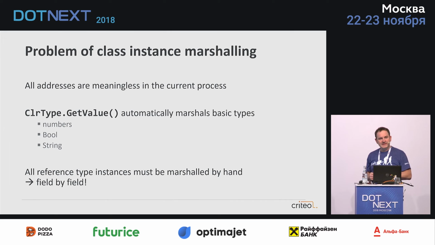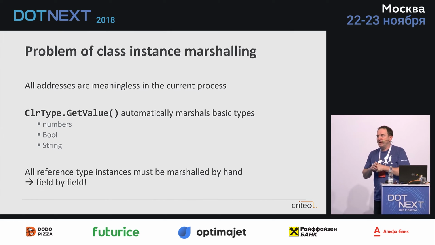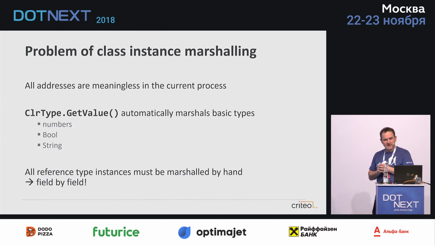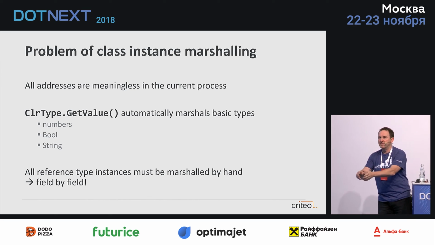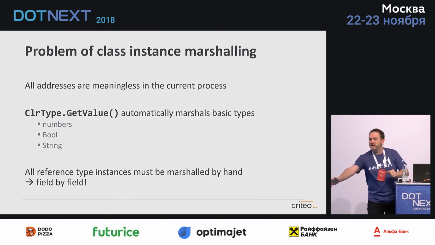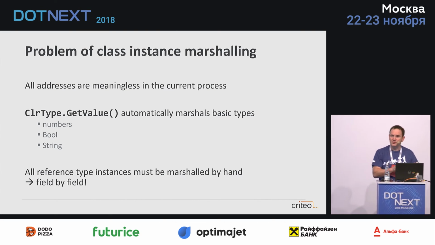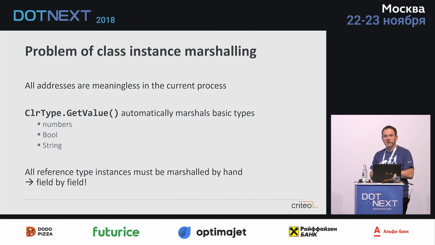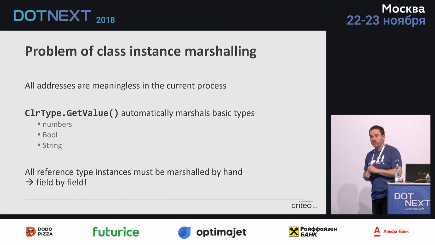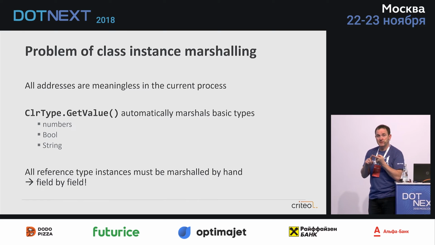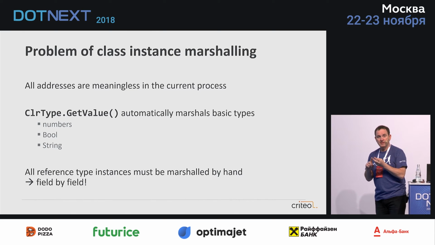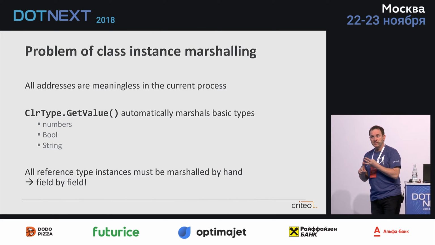The first one is the fact that I forgot to mention that the magical marshalling that ClrMD is doing for you, taking the string here and bringing it back to your tool, is working only for booleans, numbers, and strings. So what does it mean?